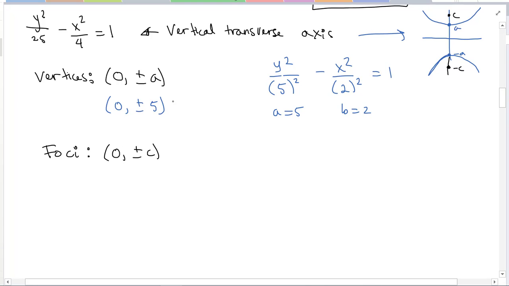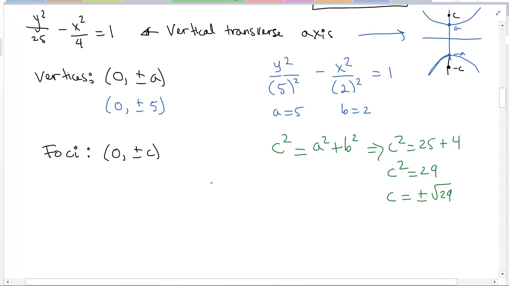To find c, we recall that c squared is equal to a squared plus b squared. So c squared is 25 plus 4, which is 29, so c is plus or minus the square root of 29. Our foci here are 0 plus or minus the square root of 29.